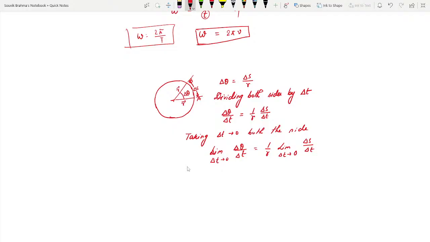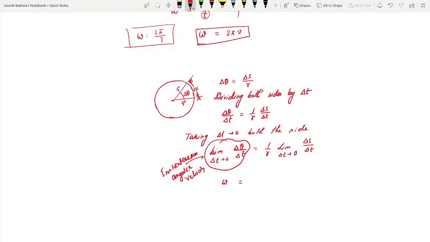Okay, but we do know one thing, we know about this, what is this? This is basically your instantaneous angular velocity, isn't it? Instantaneous angular velocity. So this has to be replaced with omega.